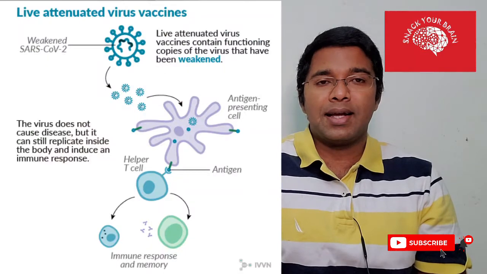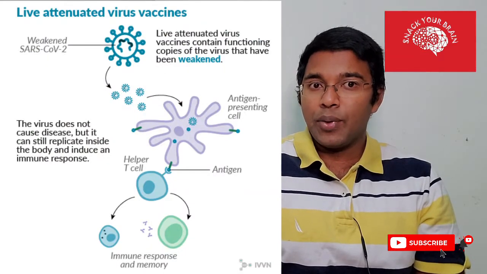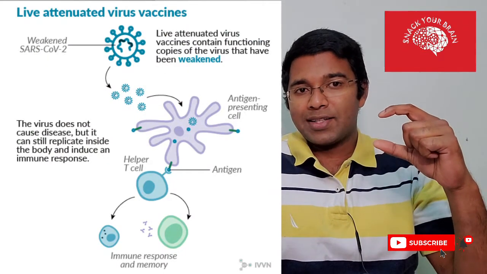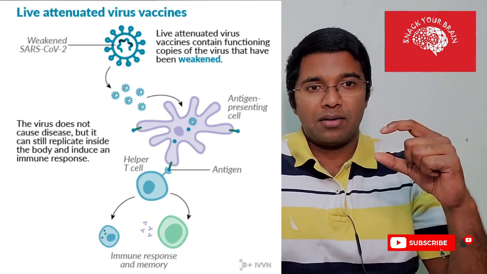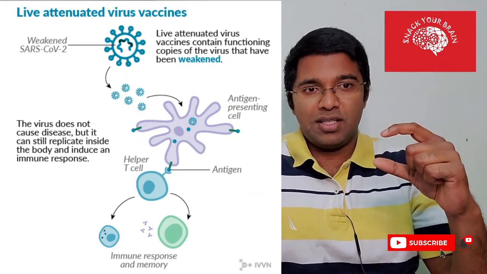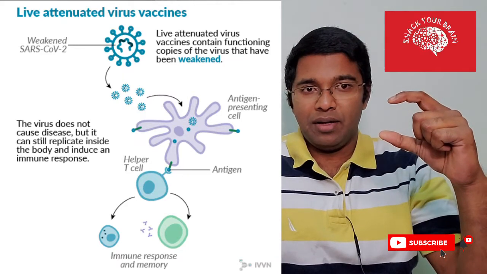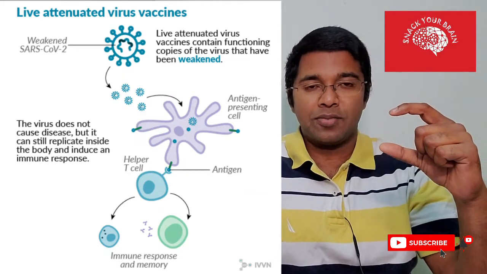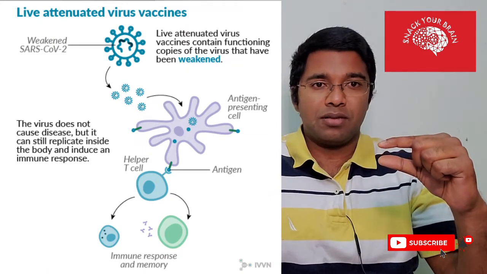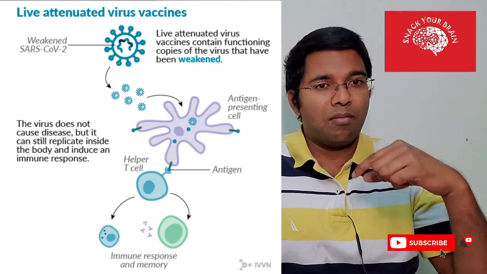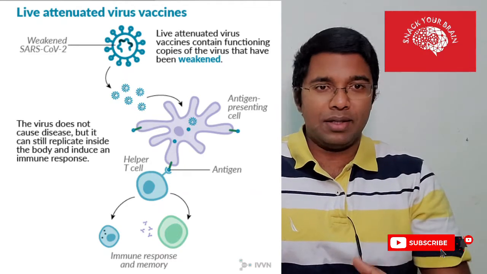The second is live virus but attenuated. The power of that virus is very much reduced. For example, if a virus can cause a disease at its 80% activity or 80% virulent stage, the power of that virus is reduced to 10% or less by means of various lab techniques.